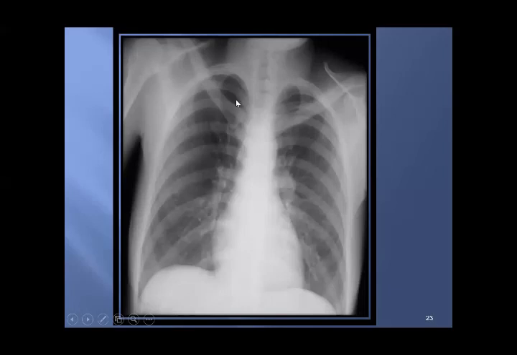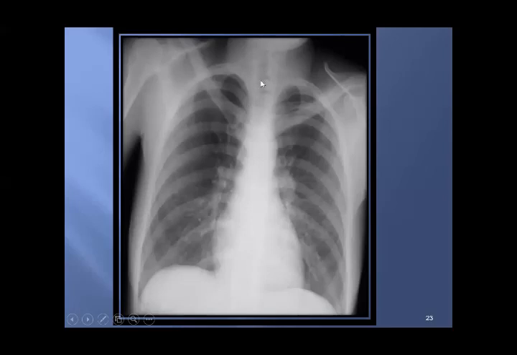In the AP view, the clavicles are usually horizontal and above the costal margin. So this is the PA view because the clavicle is inclined and 3 ribs are visible above the clavicle.